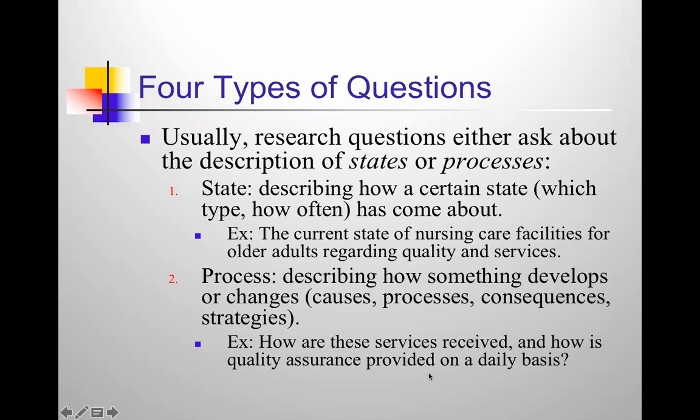So it's kind of like a response to the state question: the current state of nursing care facilities for older adults is such and such, but how are they being received by the patients, and how are the nurses responding to maintaining quality assurance on the ground level? So it's a little bit like: this is what happened and this is how we're responding to what happened.